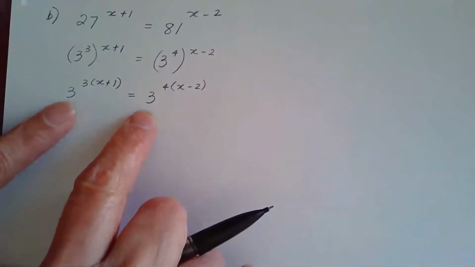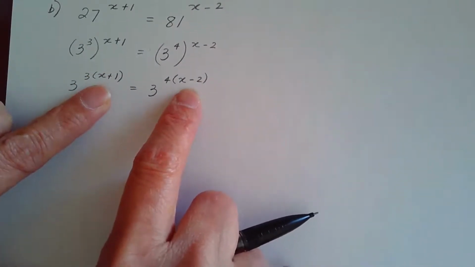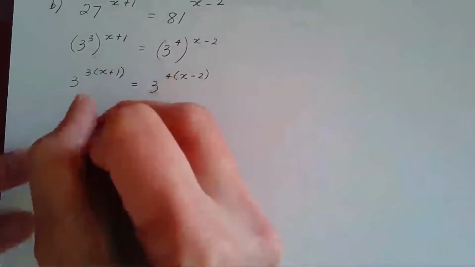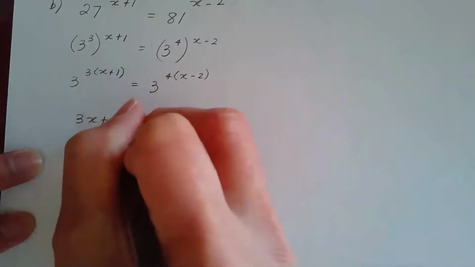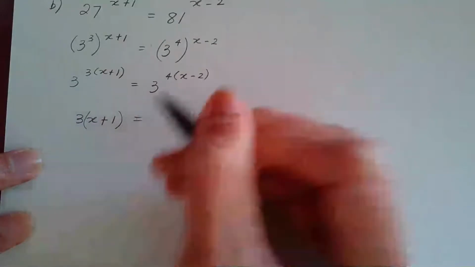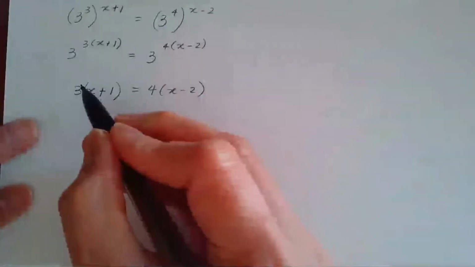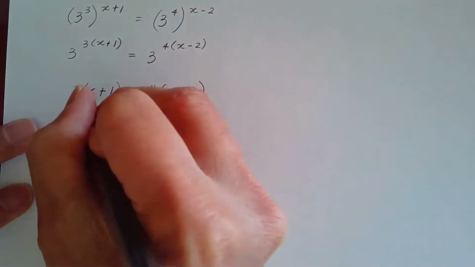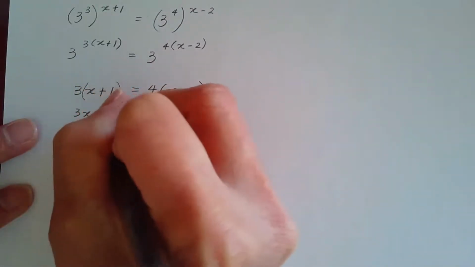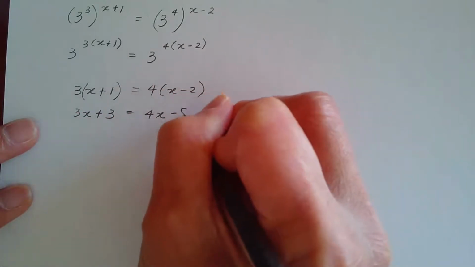Now that they have the same base, the exponents have to be equal to each other. So therefore 3 times x plus 1 is equal to 4 times x minus 2. Multiply it in: 3x plus 3 equals 4x minus 8.